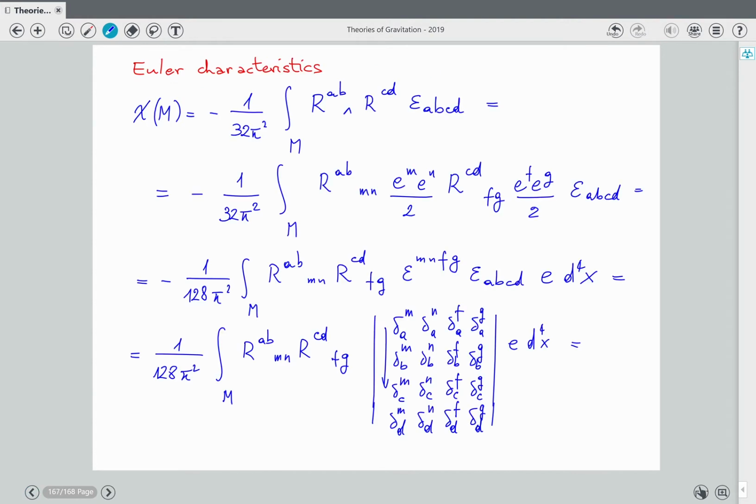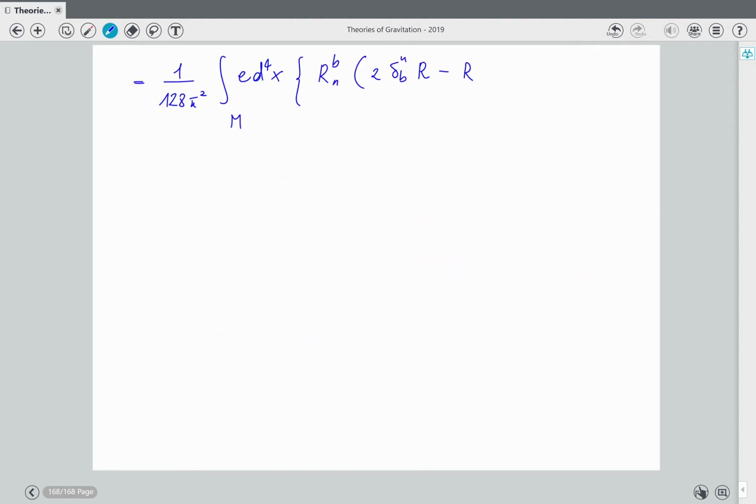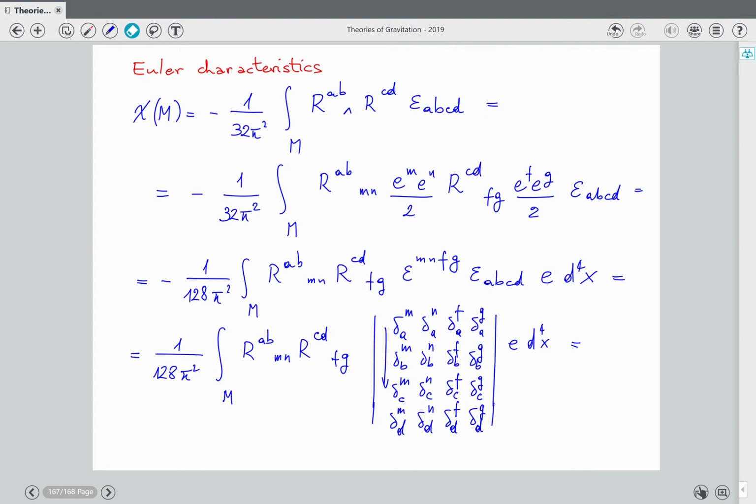That means that out of these four indices, F will be equal to B. So RCD, BG, delta BF. So we are computing this contribution, then the crossing of those two.